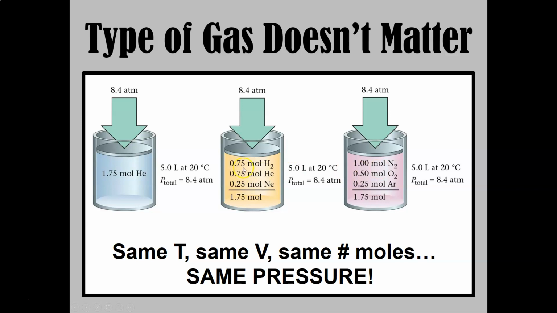It doesn't matter what ratios they're in. If you end up with the same number of moles at the end, you're going to have the same total pressure. Now your partial pressures will be different. In each case, each gas is exerting a different partial pressure, but the sum of all the pressures will be the same.